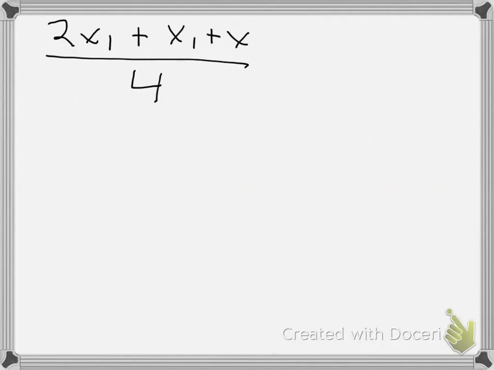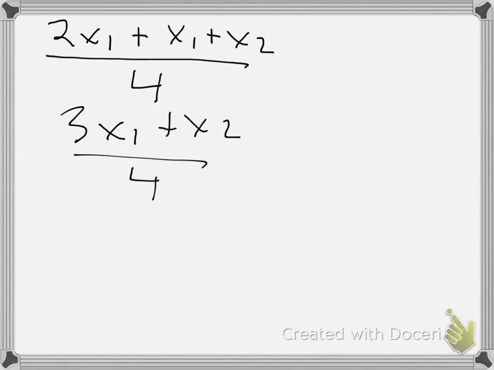So everything's going to be over 4 here. 2x1 plus x1 plus x2. I just put everything over 4 because they're all over 4. Now I can simplify that. I'm going to get 3x1 plus x2 divided by 4.